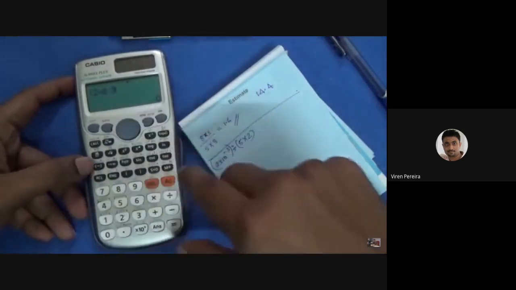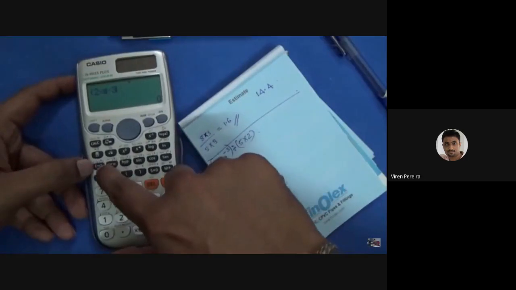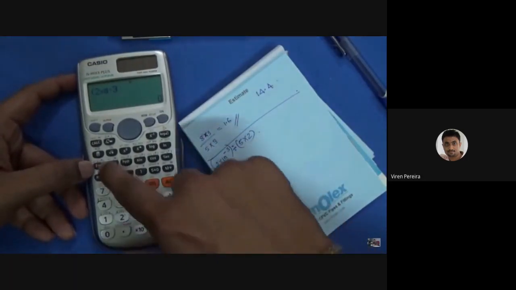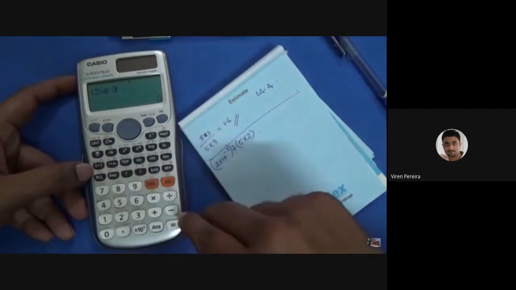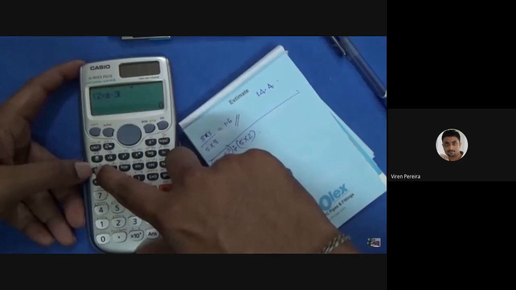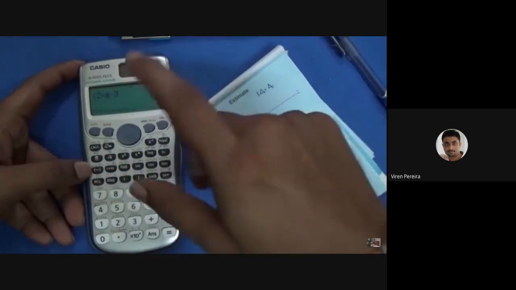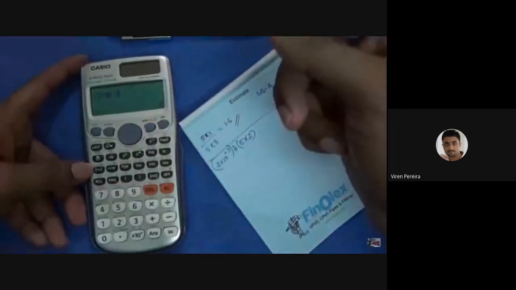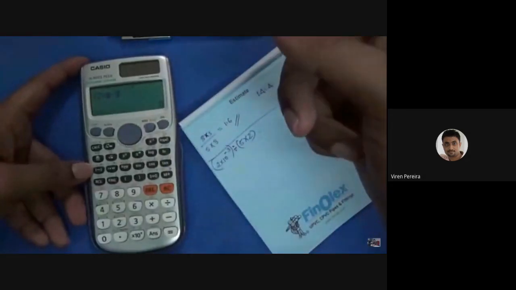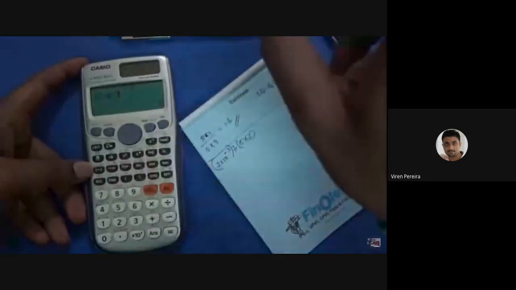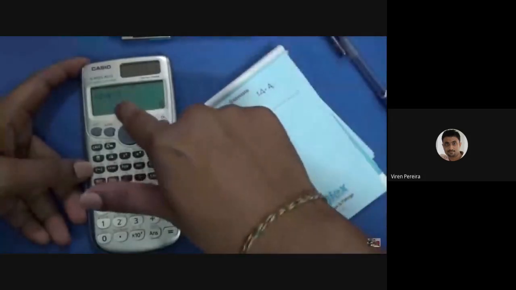You see the size of this minus and this minus. The size of this minus is smaller, the size of this minus is bigger. This minus basically helps to tell you that the value here is in the superscript. So whenever you see this minus, it will directly give you a hint that it is a superscript value.